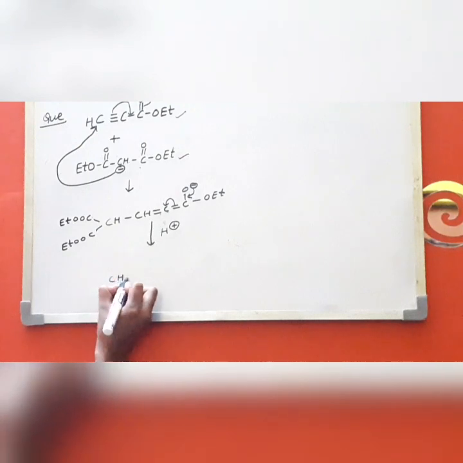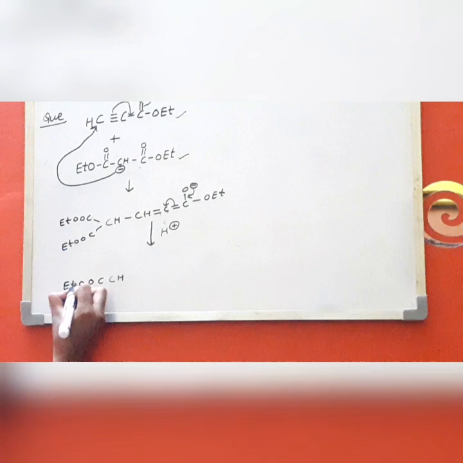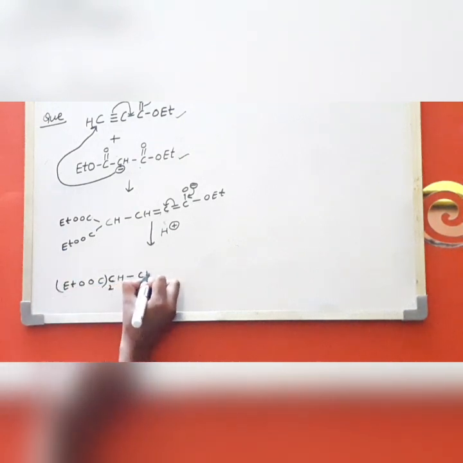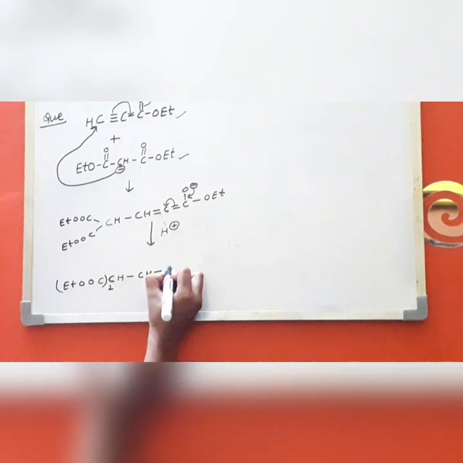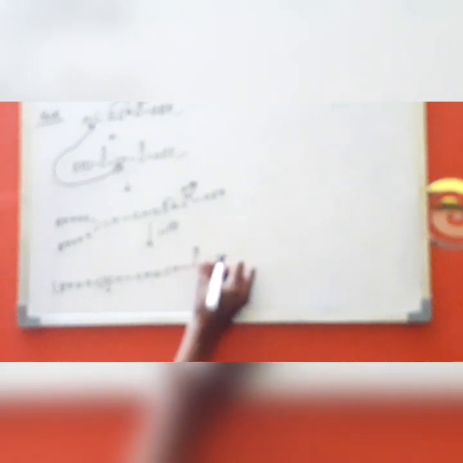So in the Michael product what we will get, let me write, CH double bond CH C. So this is the Michael product.